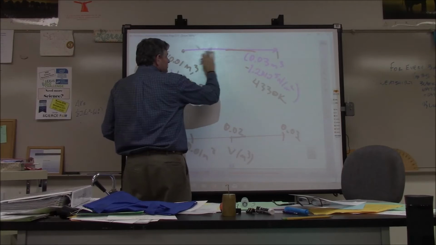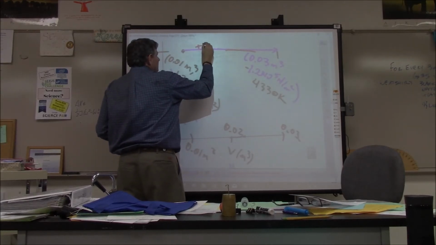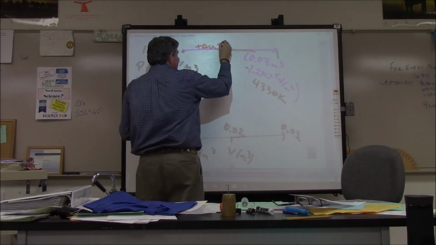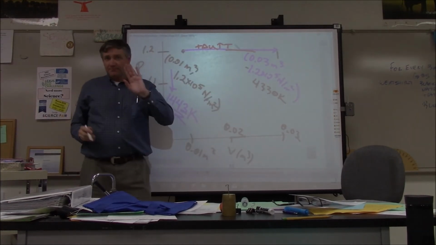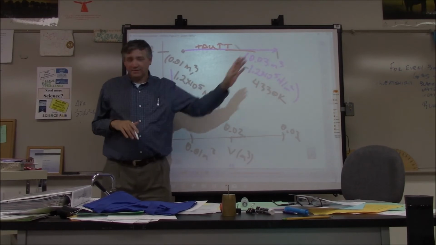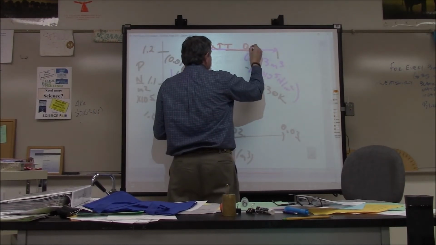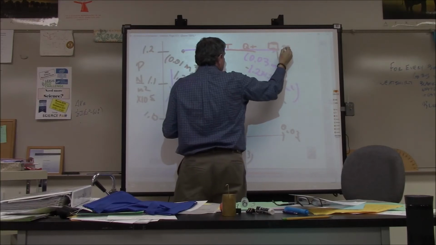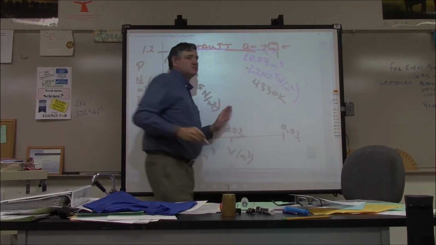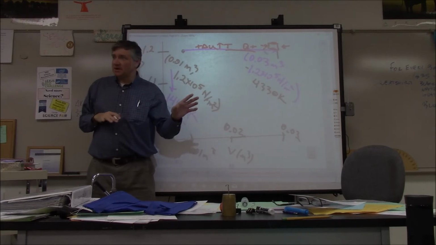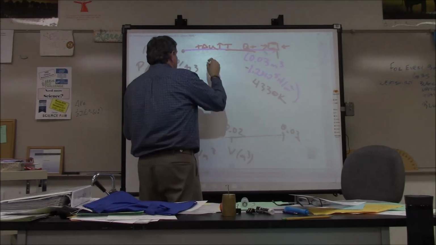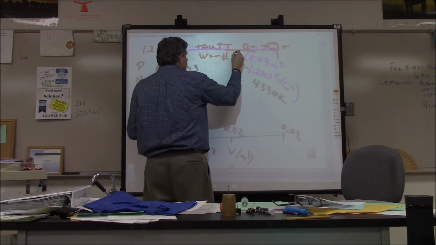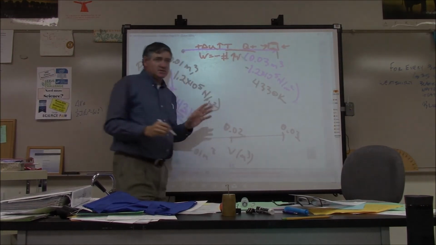On an isobaric process, delta U is going to be a positive number because we are increasing the temperature, because we've got a positive delta T. Q is going to be a positive number because we're dumping energy into the system. Work is going to be a negative number because we're increasing the volume.